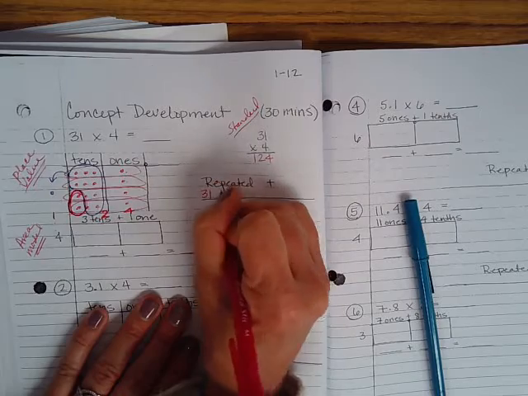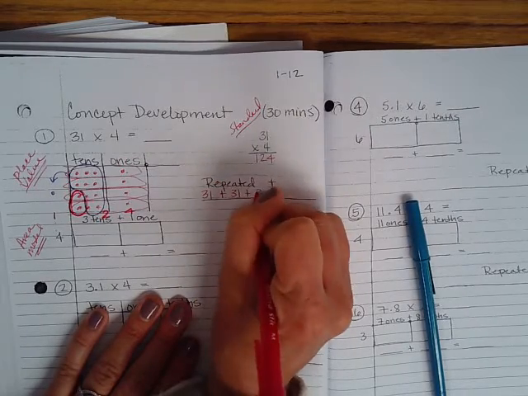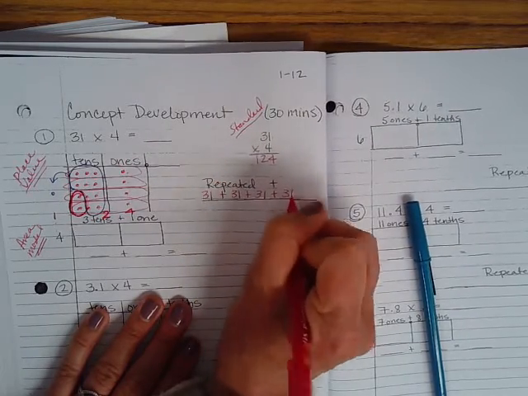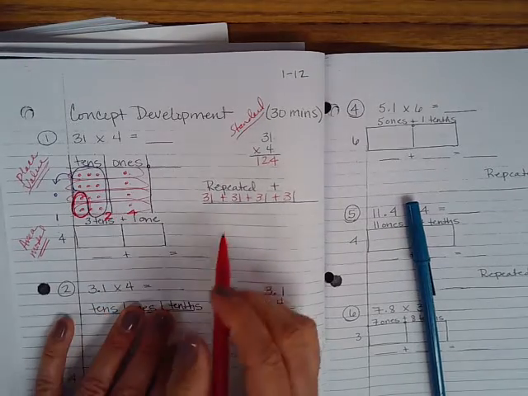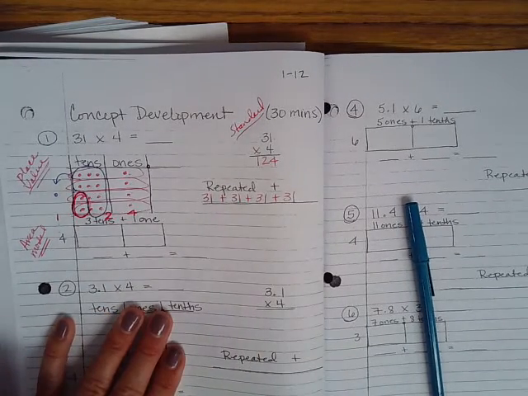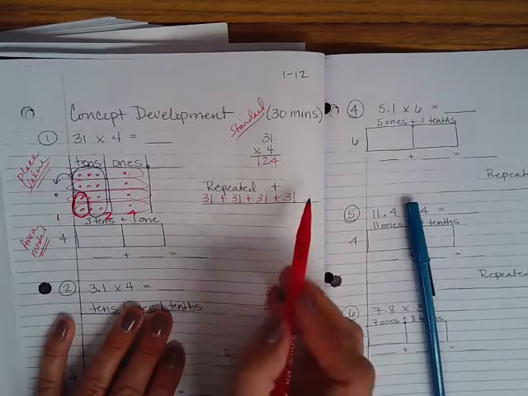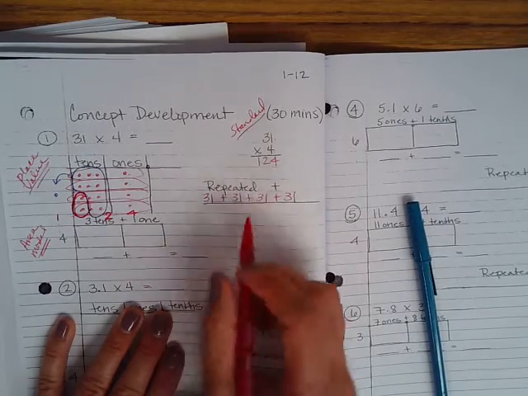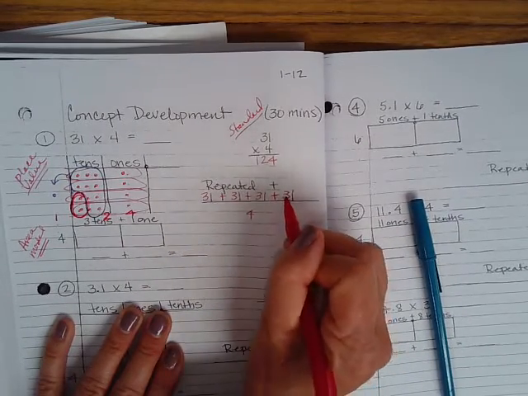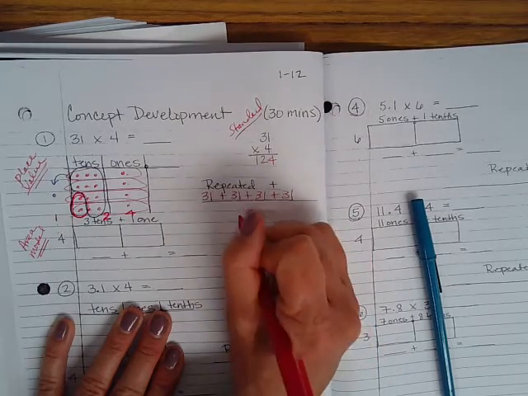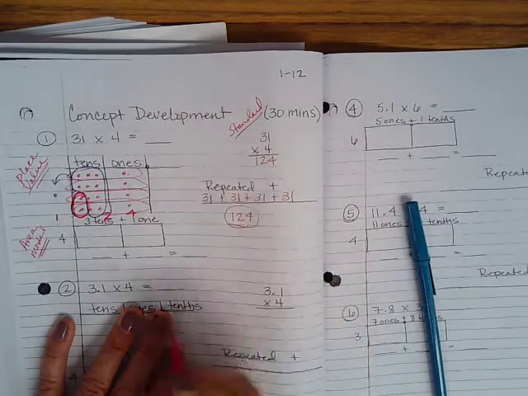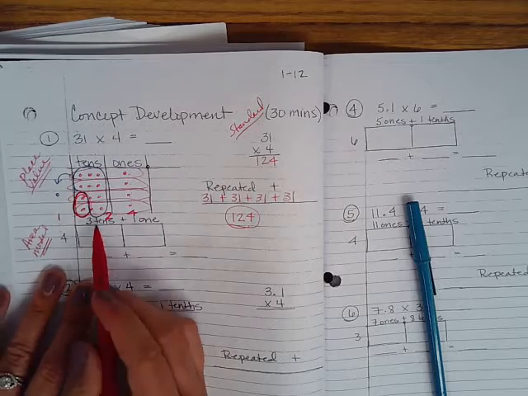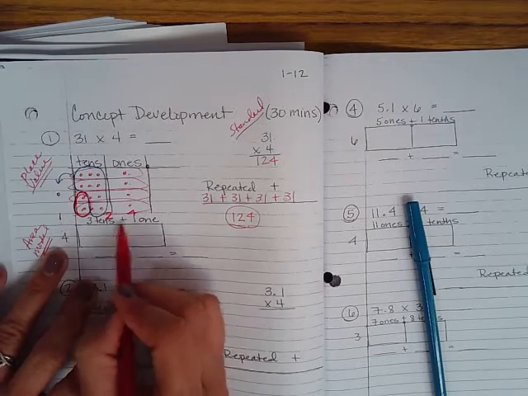Here's 31 plus 31 plus 31 plus 31. I bet you that would add up to 124. We have 1, 2, 3, 4. And we have 3 times 4 is 12. Then over here, we have 4 copies of 31.